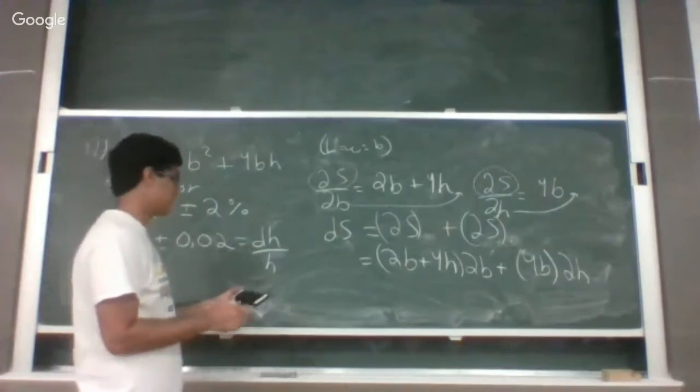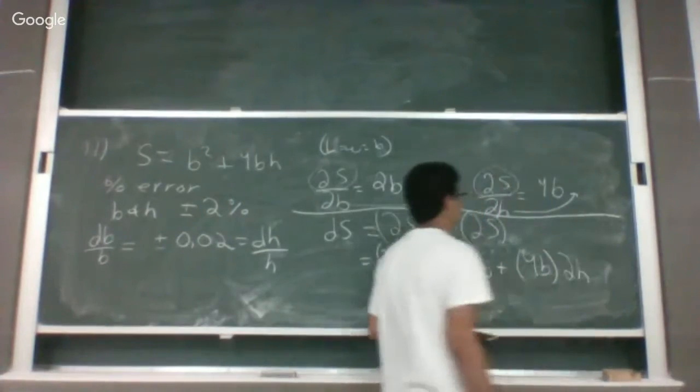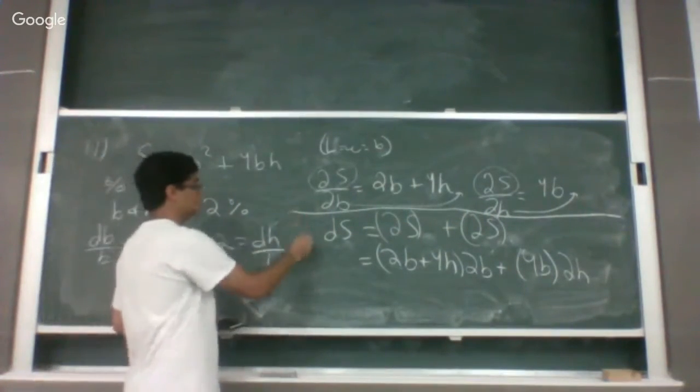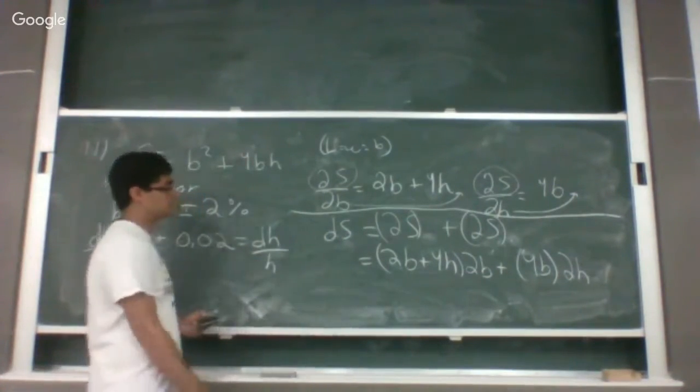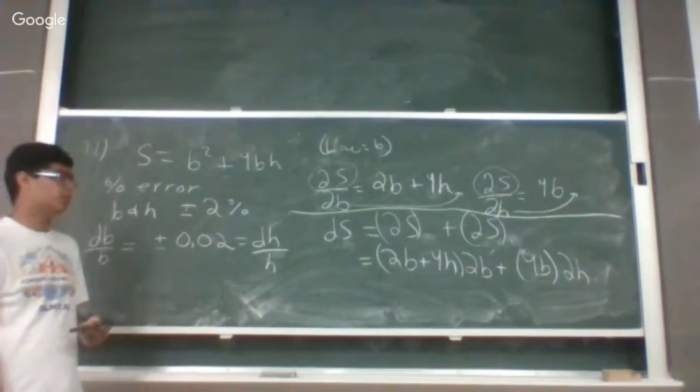First, they asked us for these values on the top, right? So we found them, but for us to find the change in S as a whole, we need to add the two components, okay?